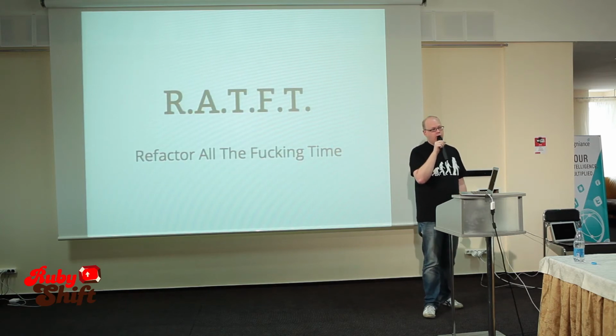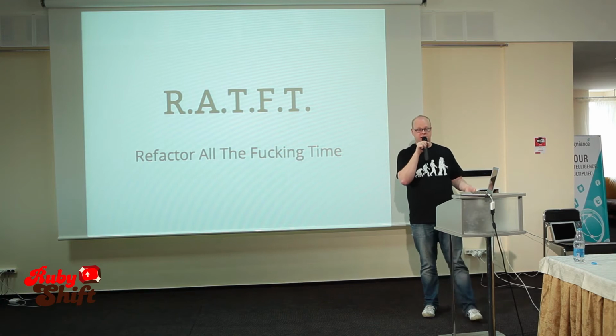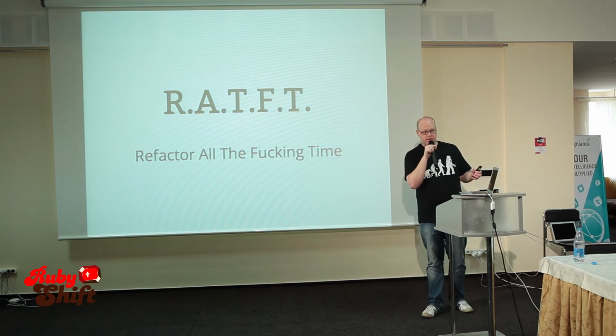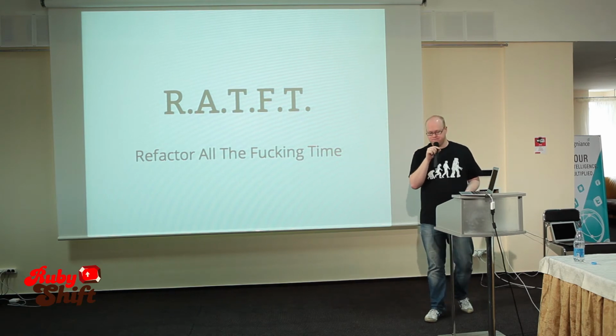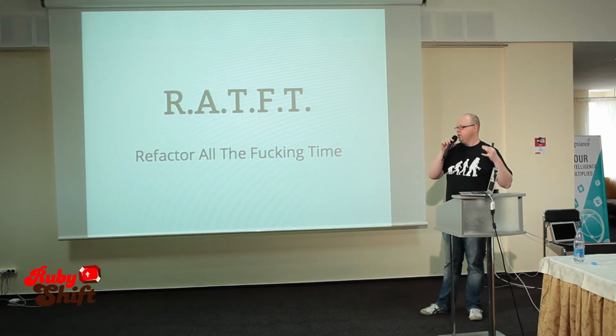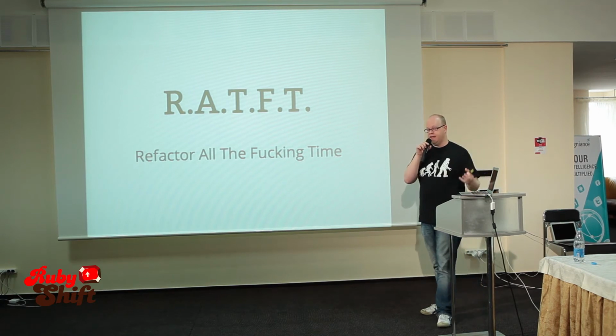That doesn't mean you need to RATFT, refactor all the time. This is something Anthony Eden came up with, so I stole it from him with permission. You need to refactor. When you have this class name approach, with a lot of class names, stuff will keep working. When you do it like this with child selectors, say you have a mod articles, and I have some span in there which has a comment count, and that should be in light gray.